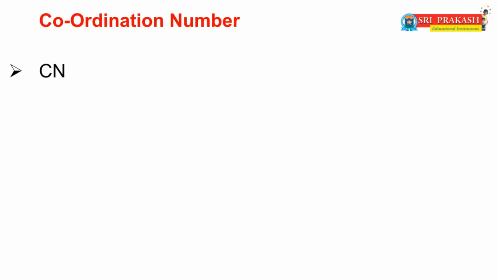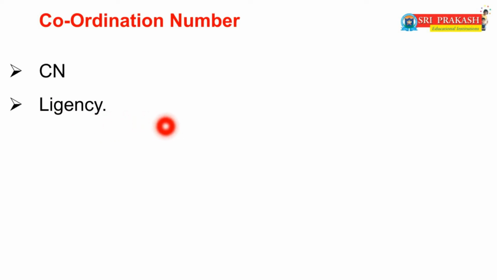Now we will discuss another part in coordination or complex compounds, that is the coordination number. The simple representation of coordination number is CN, where C means coordination, N means number. This is also called ligancy.